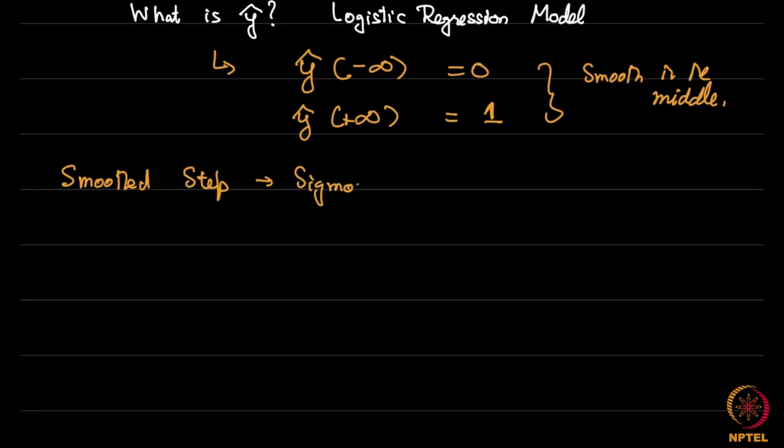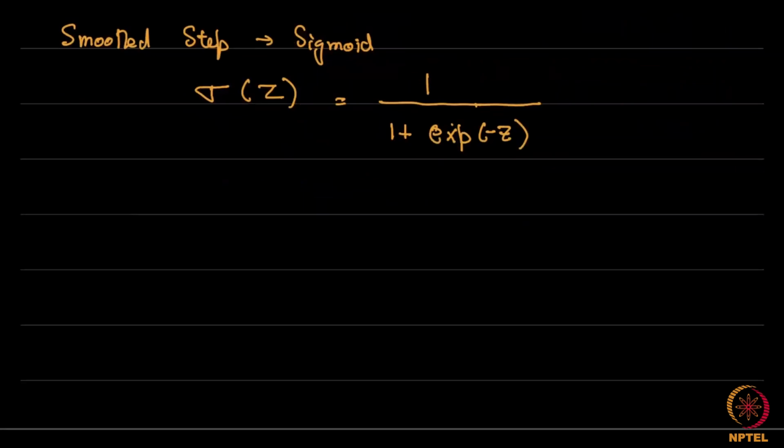And the sigmoid is written as sigmoid of some variable z is 1 by 1 plus e to the power minus z. So this is called the sigmoid function. It has the following properties.